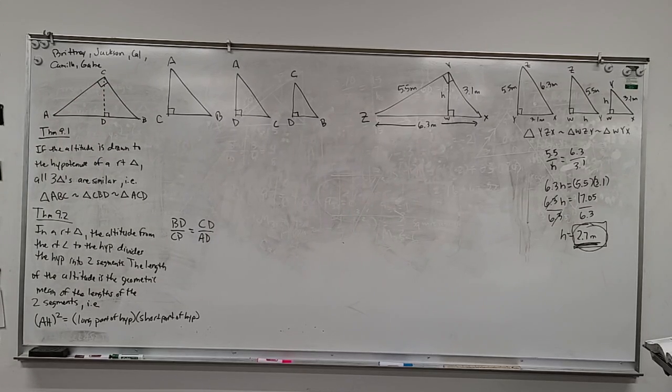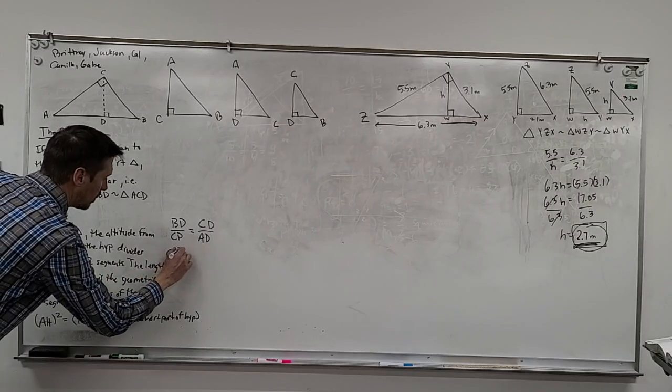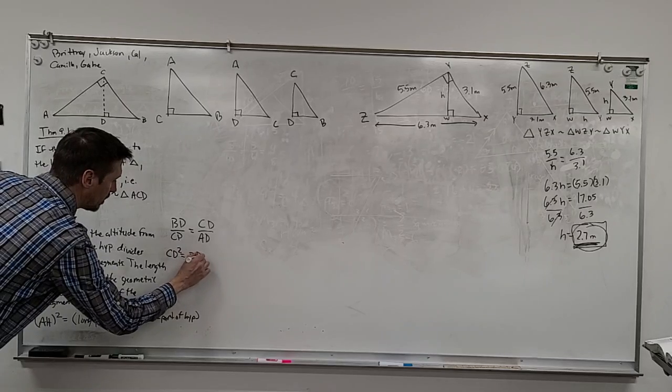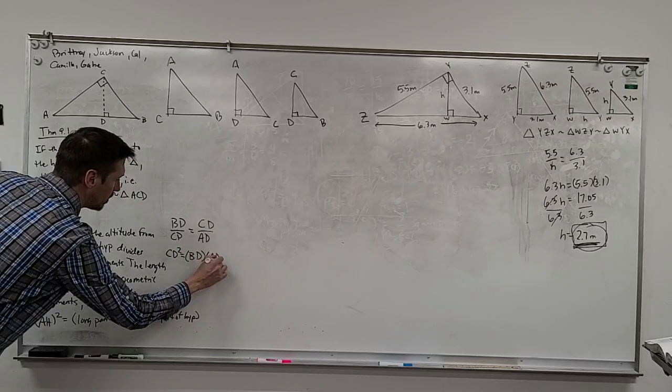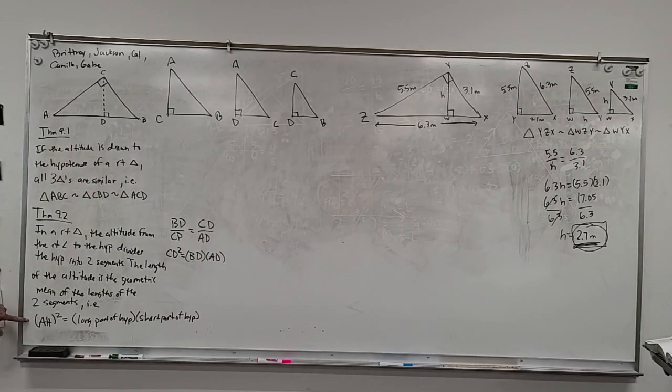And so you'll notice if we cross multiply, what do we get? Well, we get CD squared equals BD times AD, which is what we have right here. The altitude squared is the long part of the hypotenuse times the short part of the hypotenuse. So that's where we get that from.